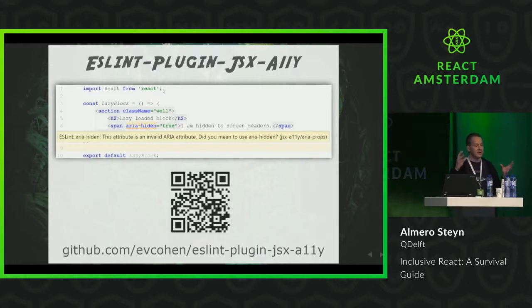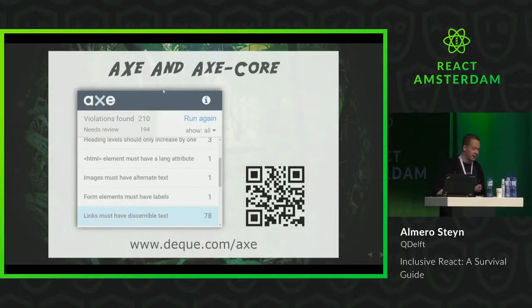It can be integrated in most IDEs out there, and you can get real-time feedback if you're doing something in your application that will later cause problems. And by the way, if you're using Create React App, this plugin is already installed as part of the configuration. You can extend it and export those errors to your IDE. Brilliant first line of defense.